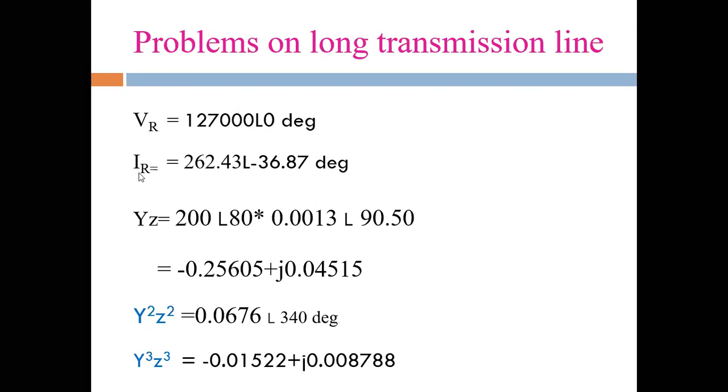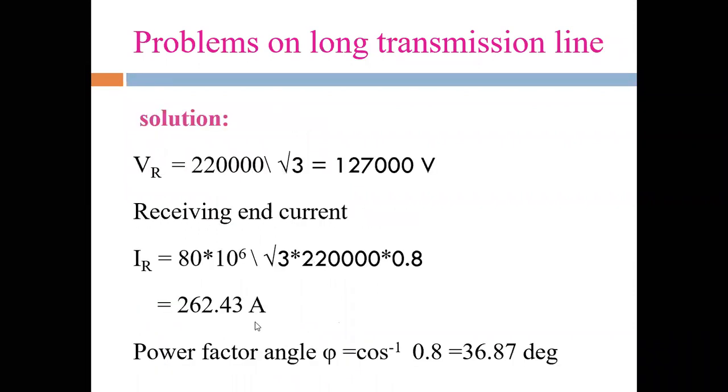Then we write down IR, that is IR is equal to 262.43 at an angle of minus 36.87. After that we calculate the power factor angle, that is phi is equal to 36.87.